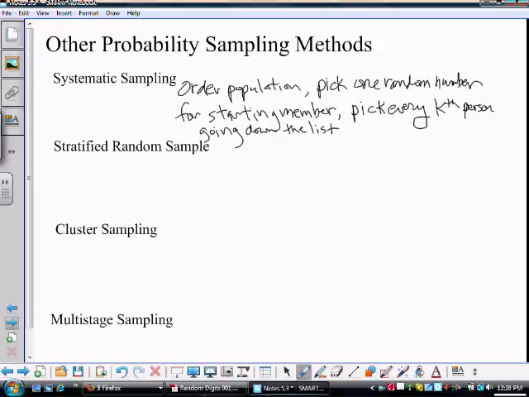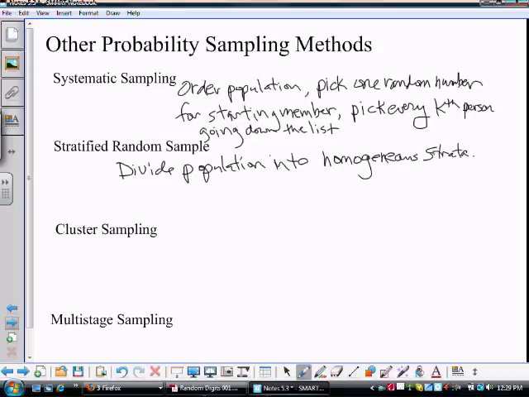Stratified random sample. This is more that's done in the real world with fancy sampling techniques. So a stratified random sample means that I divide my population into homogeneous groups called strata. Okay, so what might be a homogeneous group at school? Freshmen, sophomores, juniors, seniors.